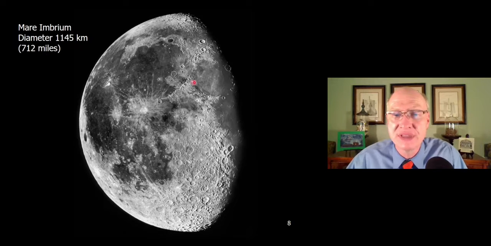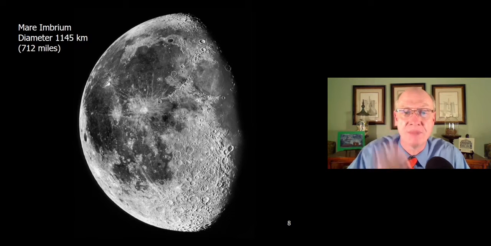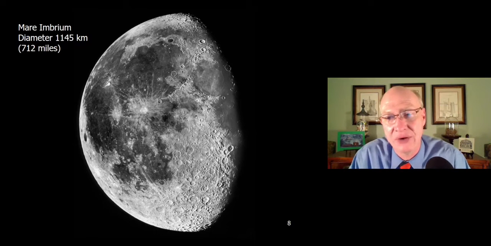The same is true here with the Sea of Serenity, Mare Serenitatis. We can see the mountains that mark the rim of the crater, and we can see the lava that flowed in. The Sea of Tranquility, the Sea of Fertility, and the Sea of Crises are all the same as well. Most of these maria are round because the lava flowed into the low-lying areas of these deep basins, and the lava flowed from the bottom up. We'll talk more about that later on.